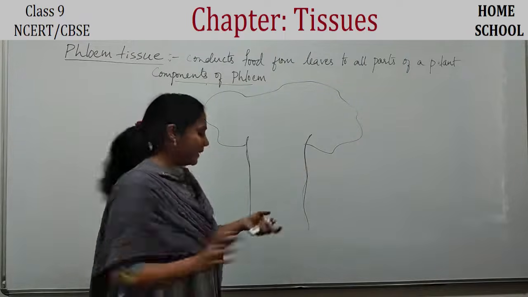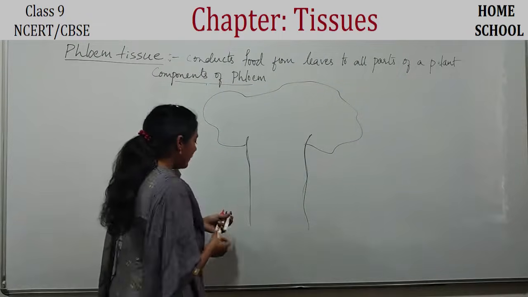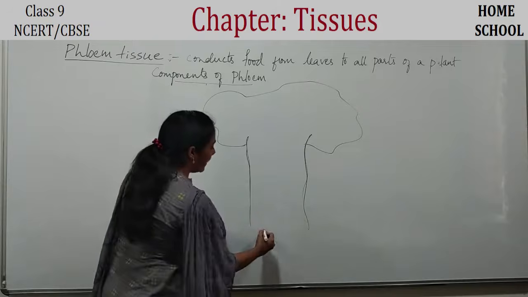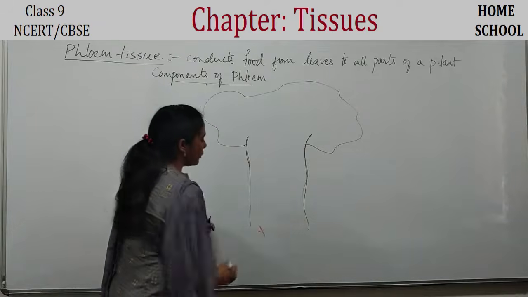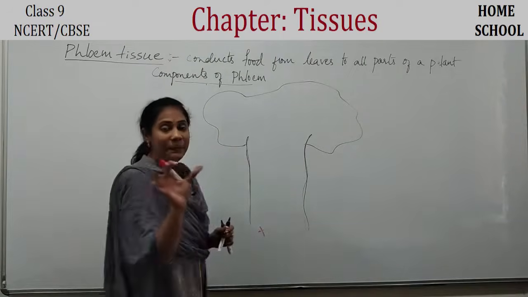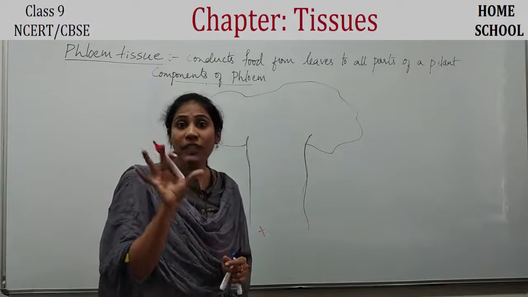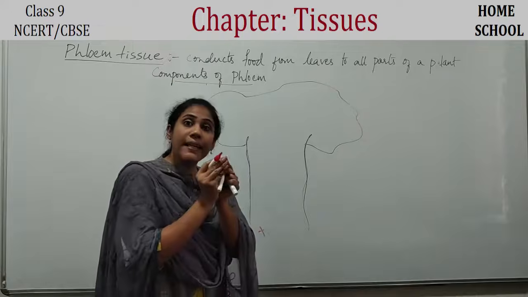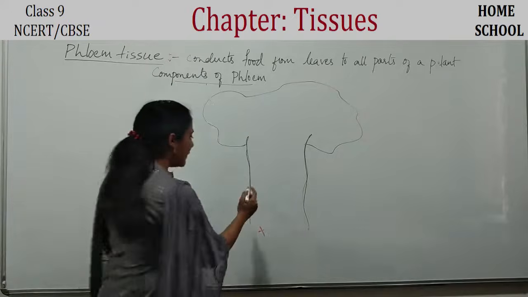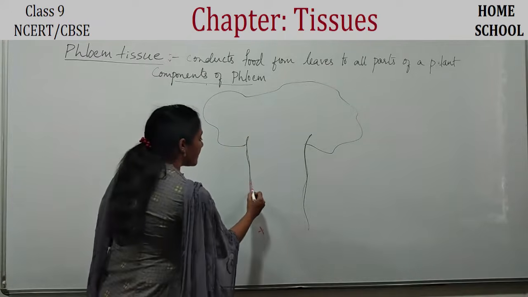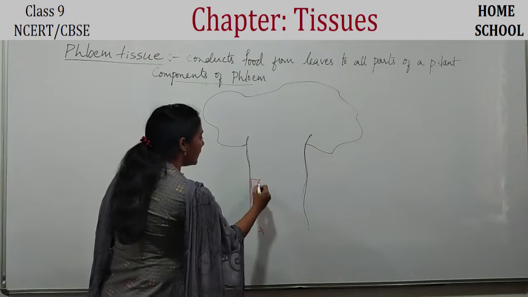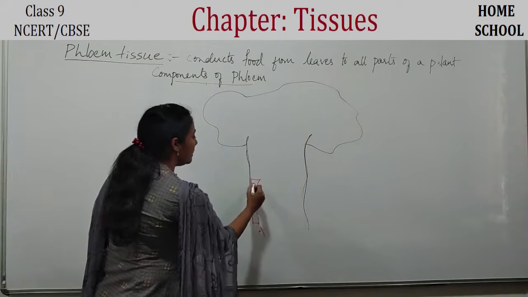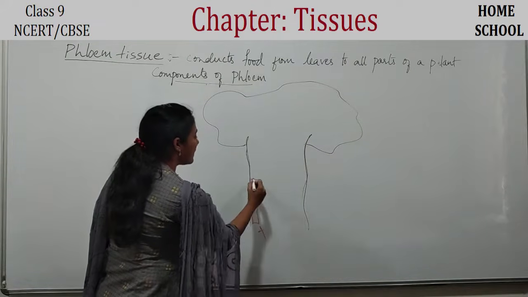Right? So initially I will draw xylem. I will draw xylem tissue. Okay. Say xylem tissue has 4 different cells, 4 components. All 4 components are present together, isn't it? Say this is our xylem vessel, which has pits.